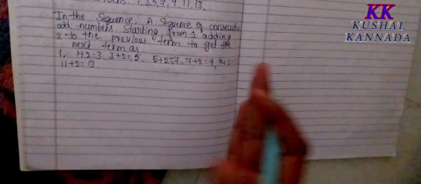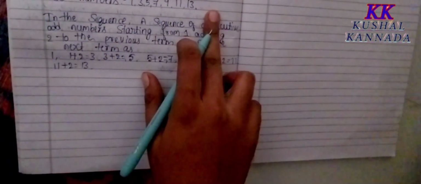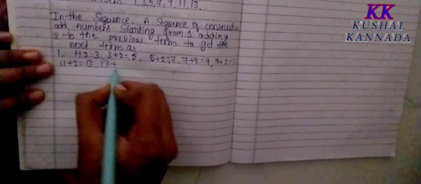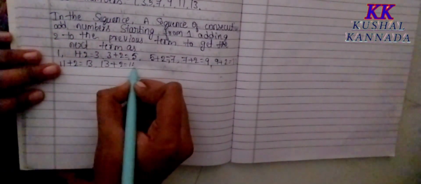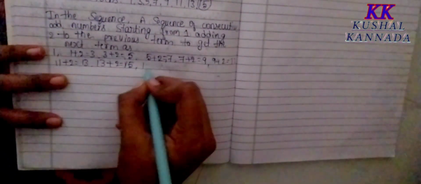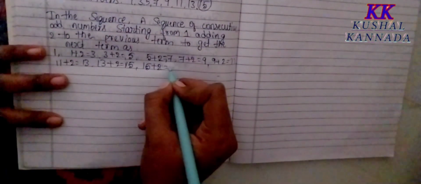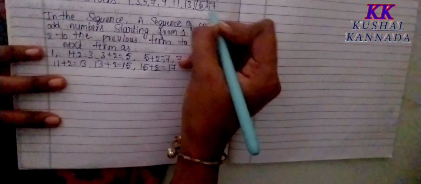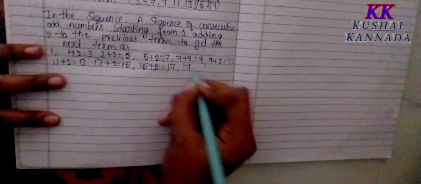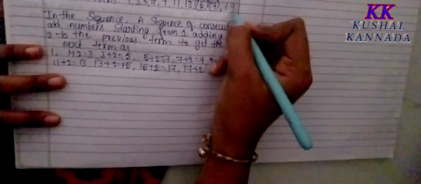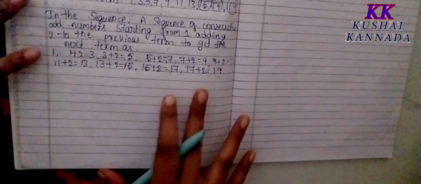So I will calculate the next 3 numbers. 13 plus 2 is equal to 15, right? 15 plus 2 is equal to 17, right? 17 plus 2 is equal to 19, right? 19 is finished. Next.